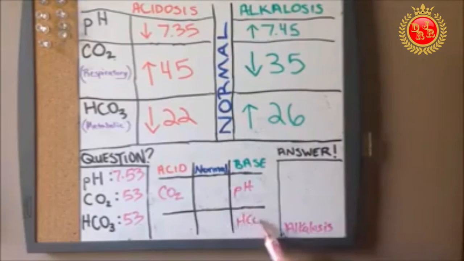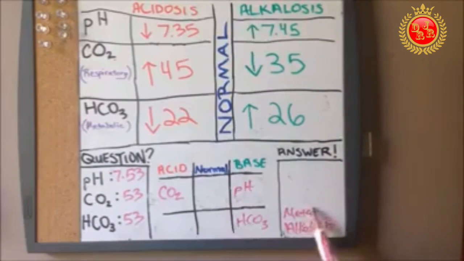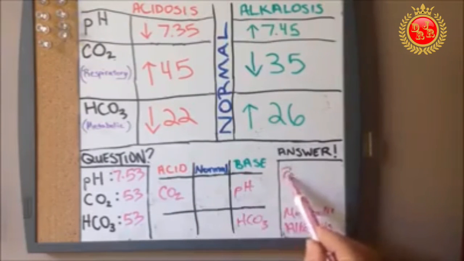So we write it down here in our basic column. HCO3 in the same column as pH, therefore that's the cause of the pH problem. HCO3 is metabolic, so we know we have metabolic alkalosis. Over here, we see CO2 is way on the other side. It's not in the normal, so we already know it's partially compensated. But why?